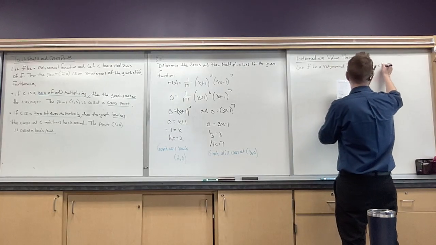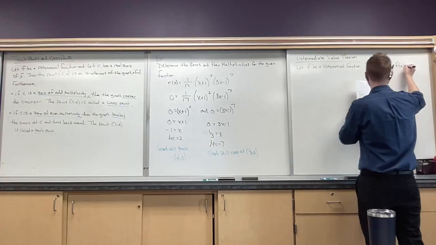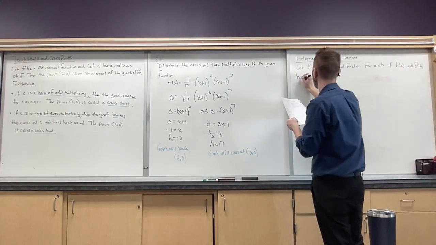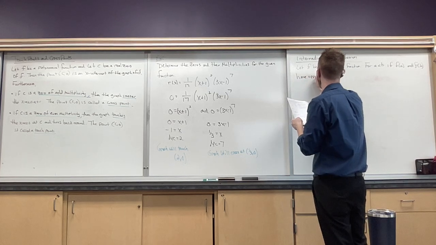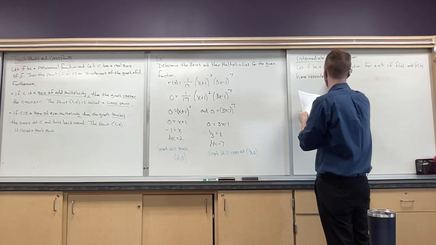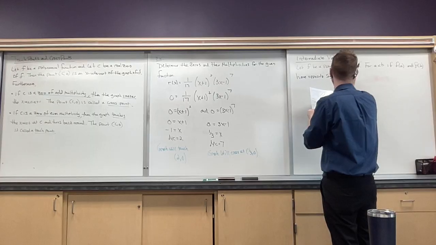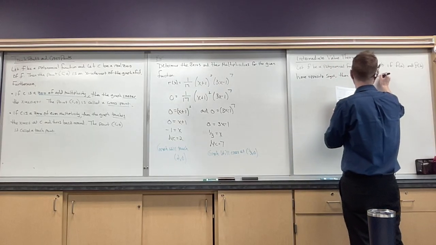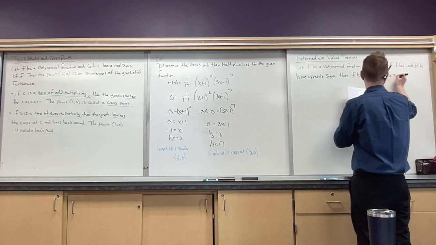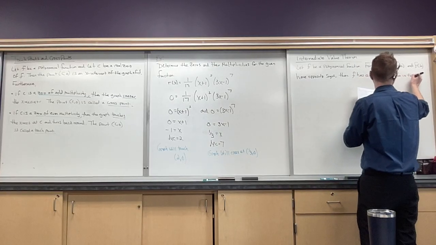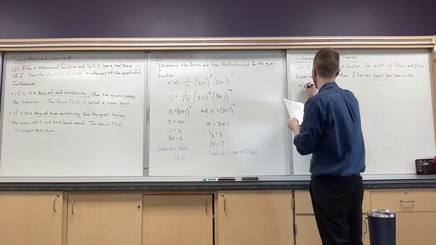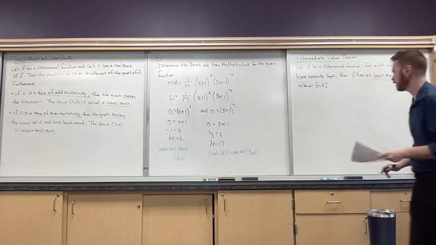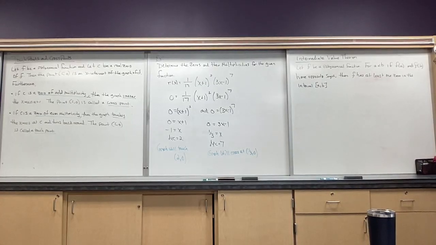For a less than b, if f of a and f of b have opposite signs, then f has at least one zero in the interval AB. Okay? Now this is pretty intuitive.